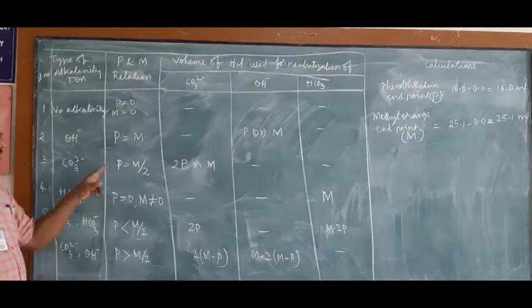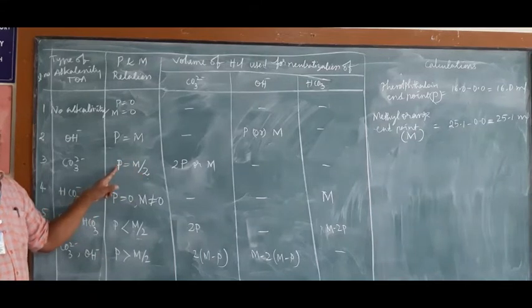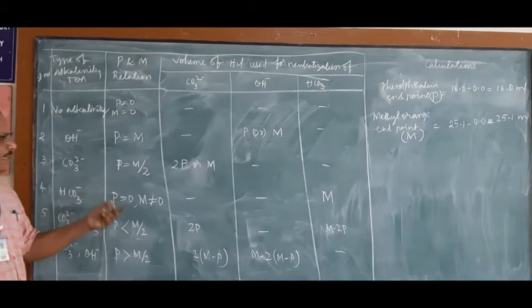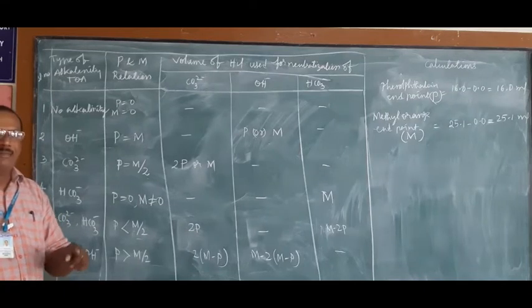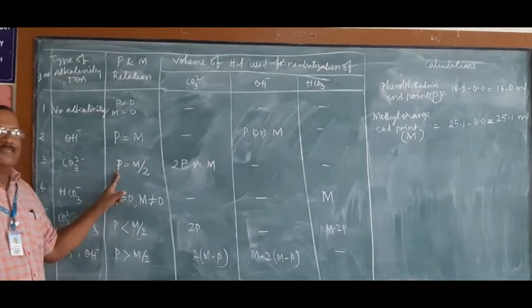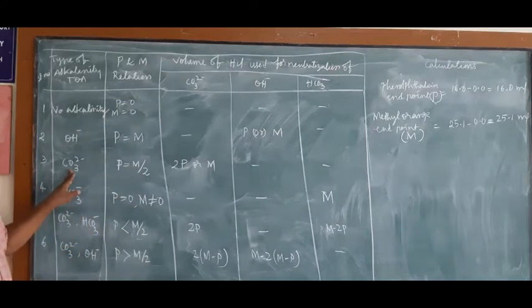Sometimes we get the relation P is equal to M by 2. Suppose the phenolphthalein endpoint is at 8 ml and the methyl orange indicator endpoint is 16 ml. 16 by 2 is 8. It means P is equal to M by 2. That indicates that the water sample contains carbonate alone.